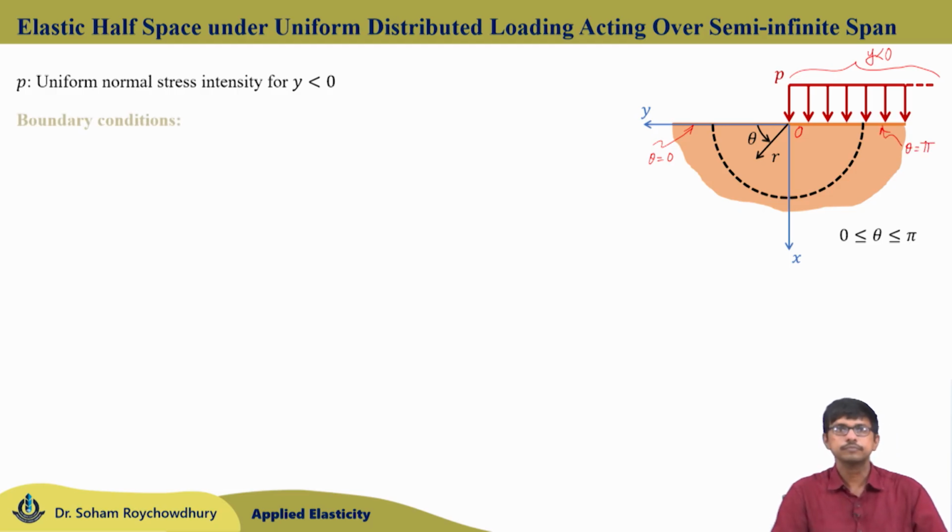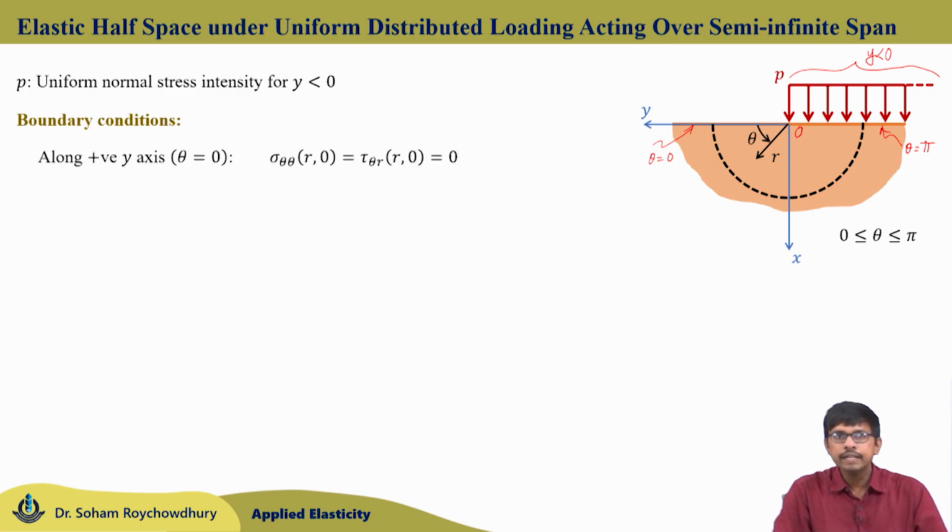Now, if I try to write the boundary conditions on the surface, here the surface is no more free. Some part of the surface, that is the negative y axis, is subjected to compressive loading of intensity P, whereas the positive y axis half of the surface is free of any kind of normal or shear loading.